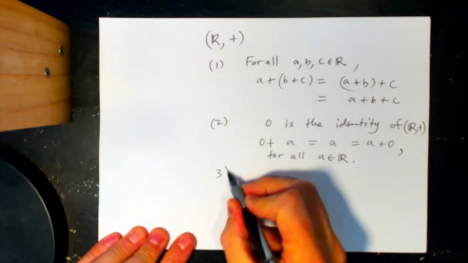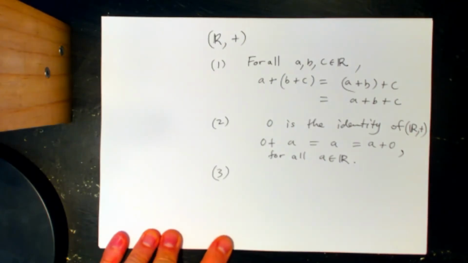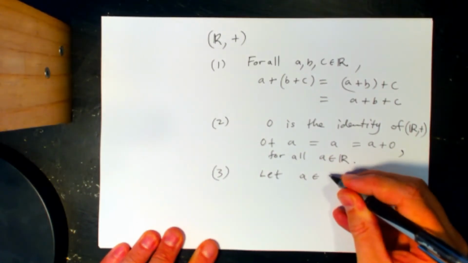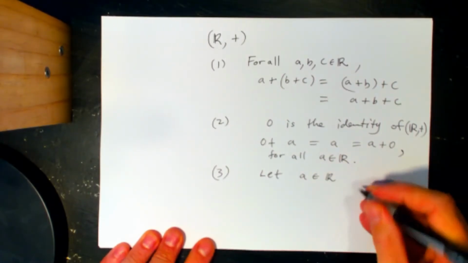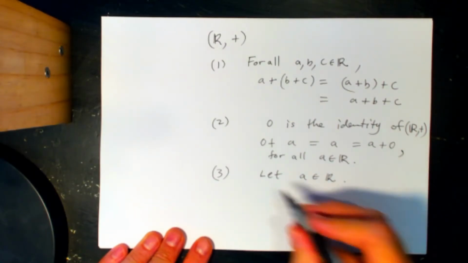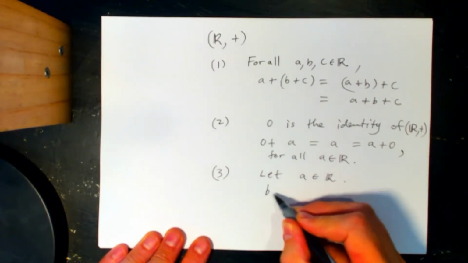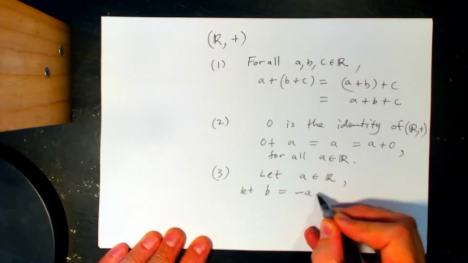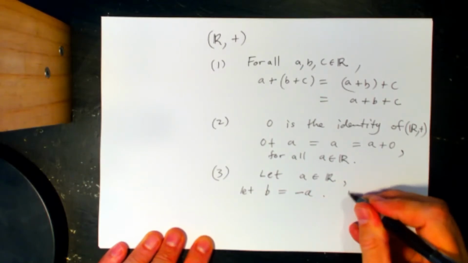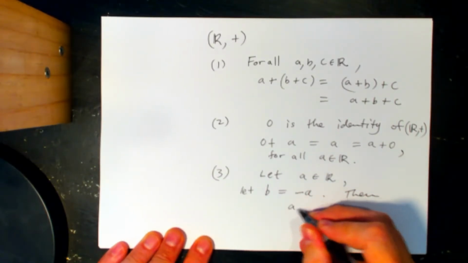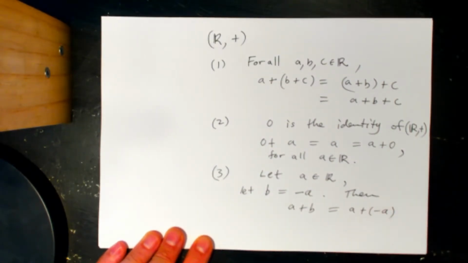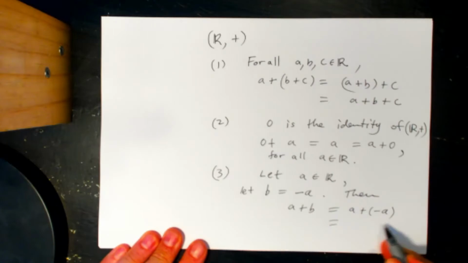Okay, now the third axiom, does every element have an inverse? So let a be an element of the real numbers, and let b be equal to minus a. Then we know that a plus b is a plus, in brackets, minus a. Well, these two add up to 0, right?